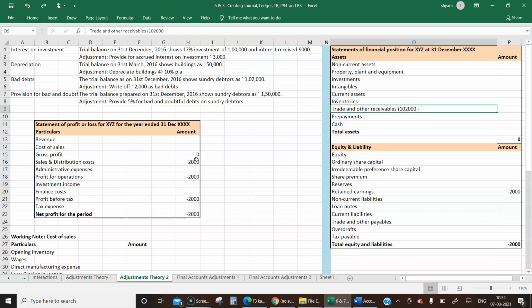And the last one is provision for bad and doubtful debts. Here you try to create a provision.